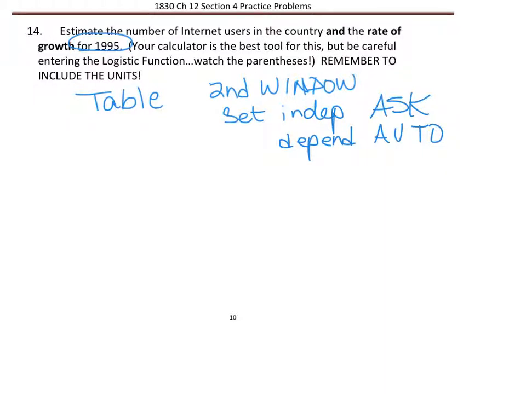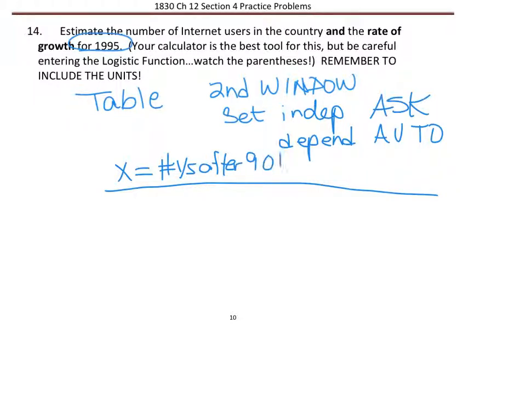And so this is what's going to happen. We're going to come up with a table where X is the number of years after 1990. The second column, Y1, is the value of G in that year.